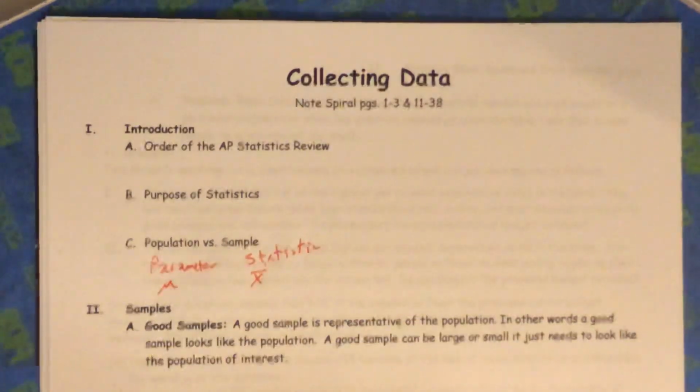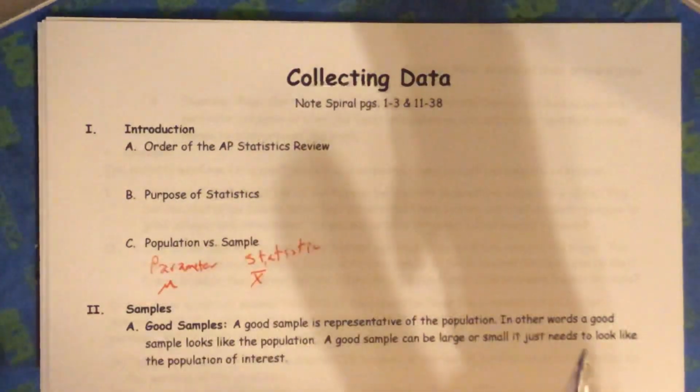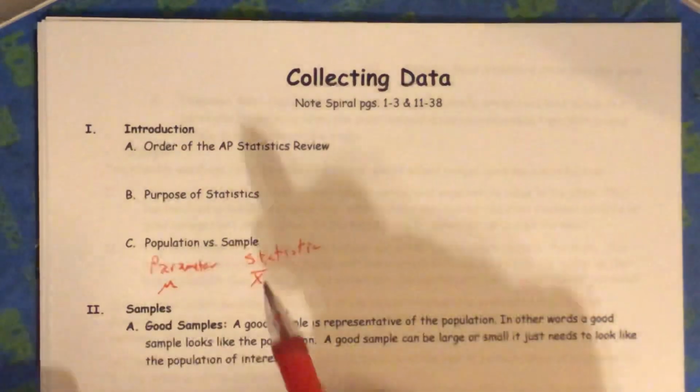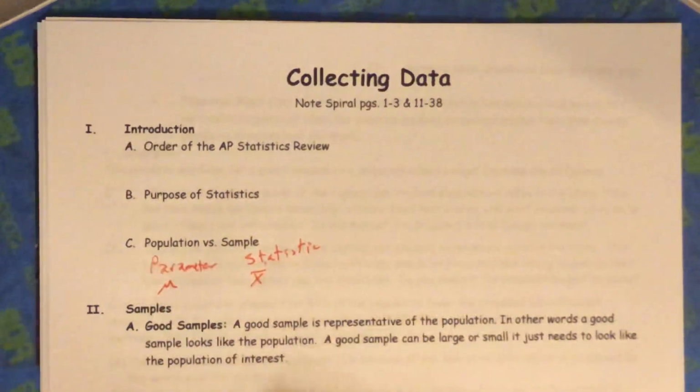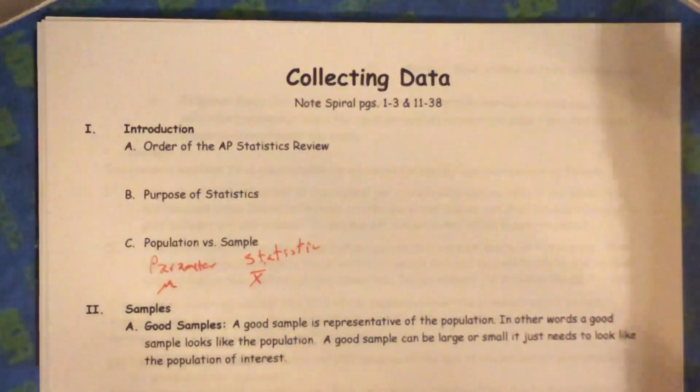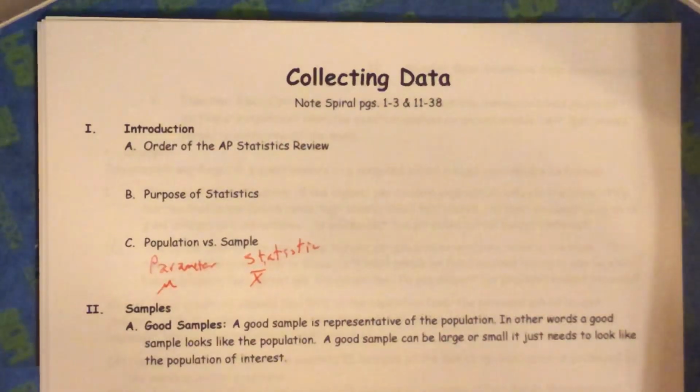All right, so since we're using a subset of the population, we are taking a sample. Well, how good is our sample as an estimate? Because we're using the sample to estimate the population. That's the purpose behind statistics, in order so that we can make decisions. Well, a good sample needs to be representative of the population.